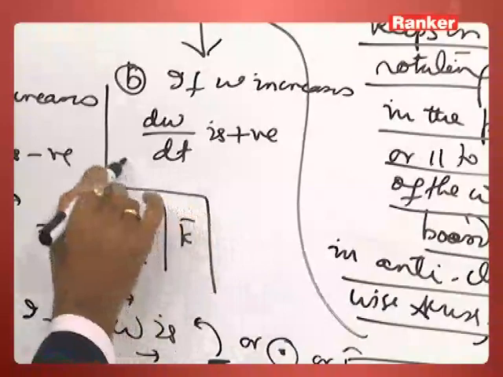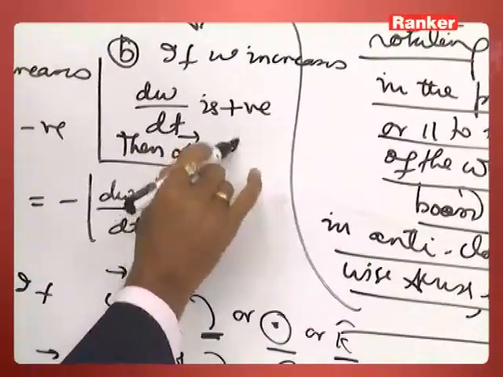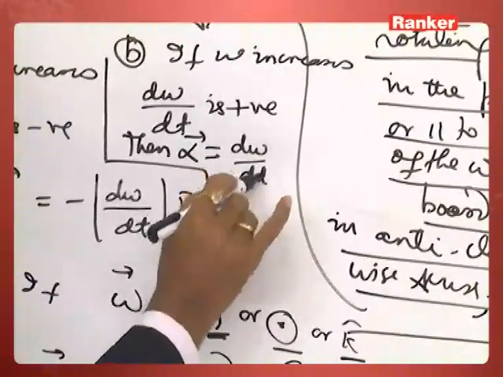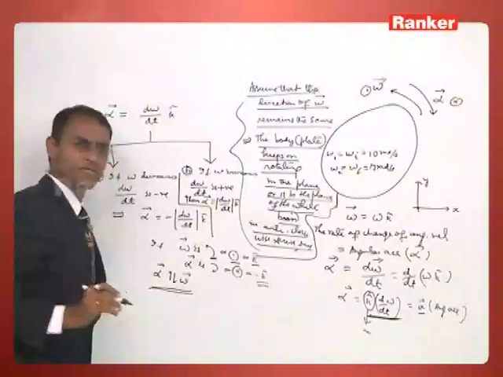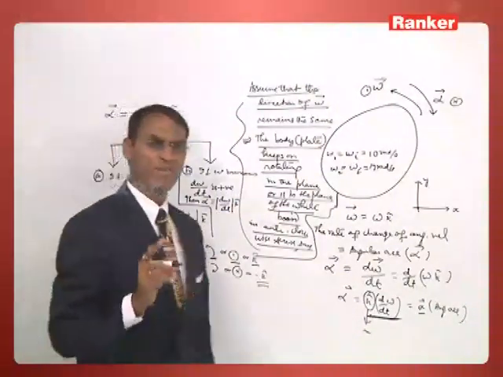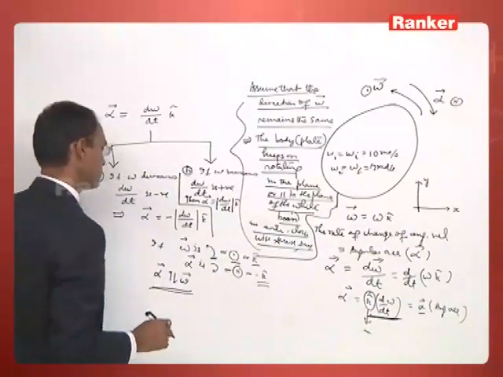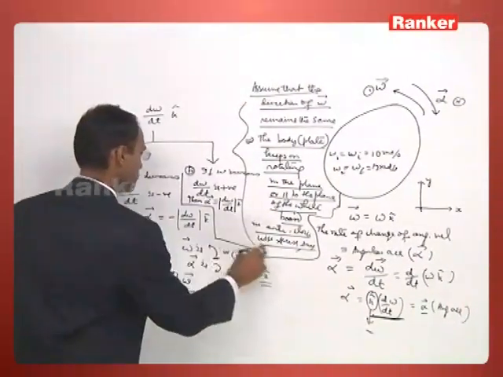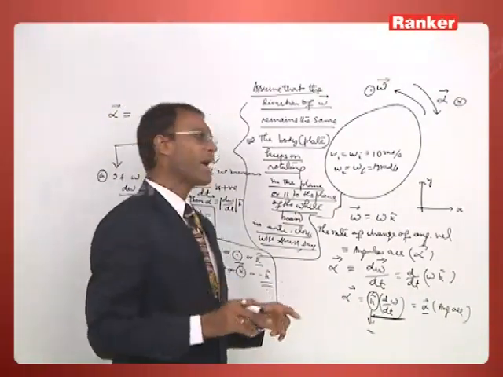Then alpha is directed along which direction? Positive z direction or plus k direction. Therefore, we can write that both the vectors are parallel.